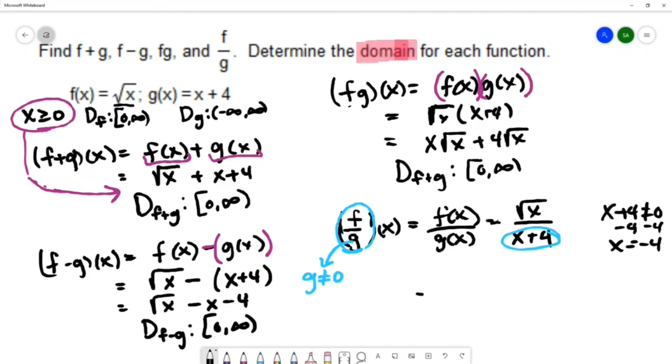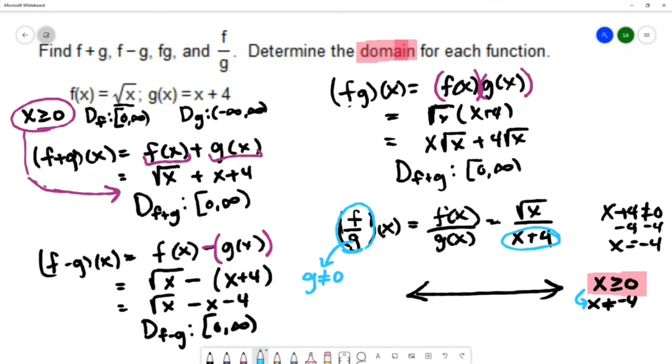However, for this example, if you consider the two restrictions we have, x being greater than or equal to 0 and x cannot equal -4, this statement already covers that statement.